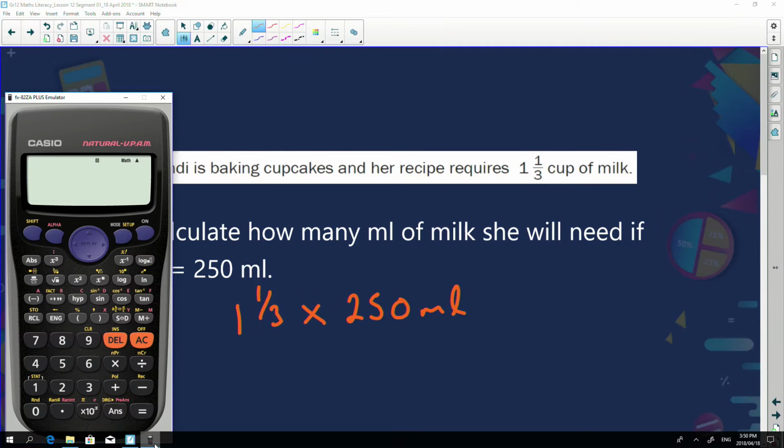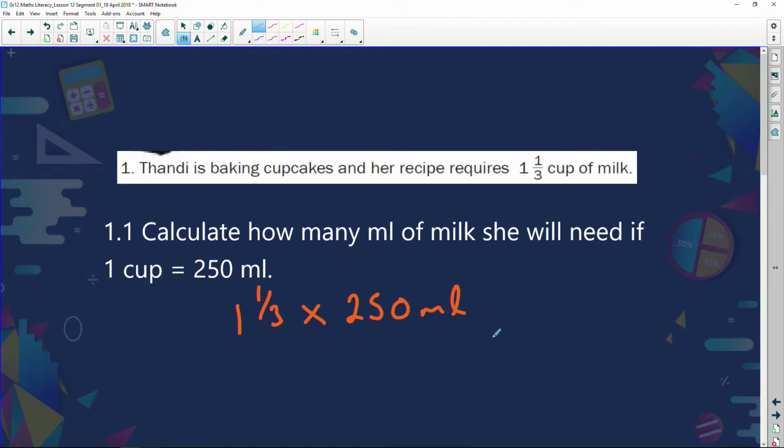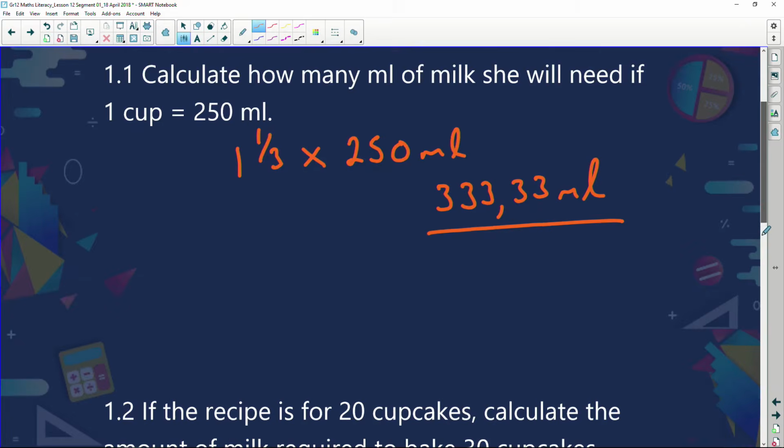On my calculator, I land up with 333,33 mils of milk.